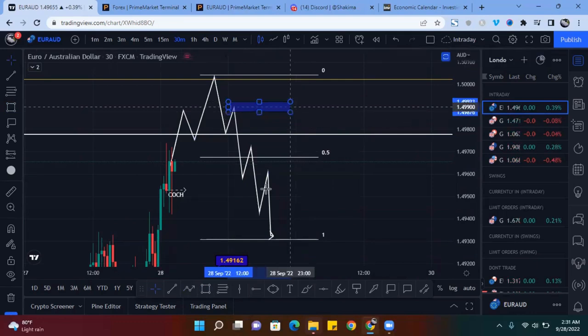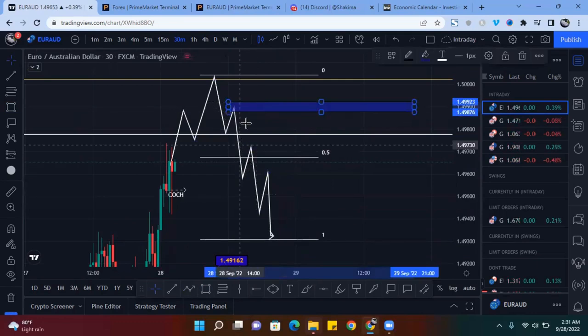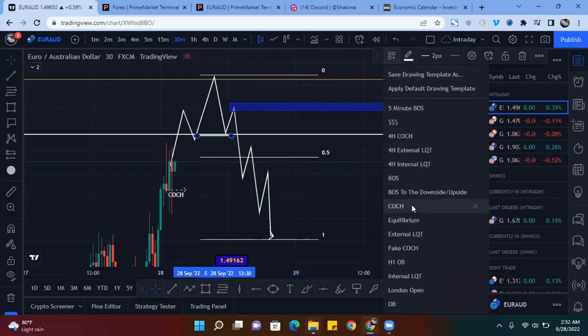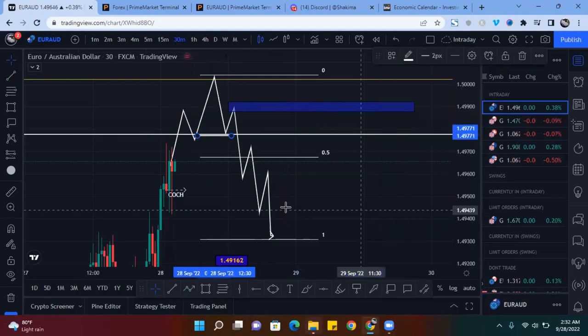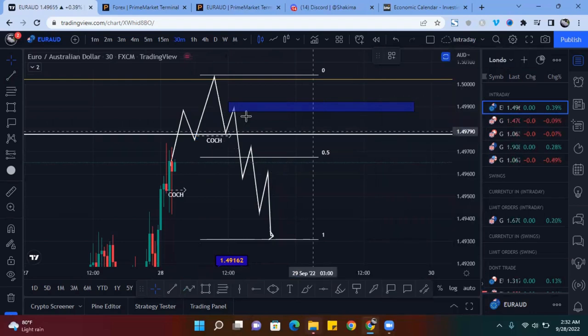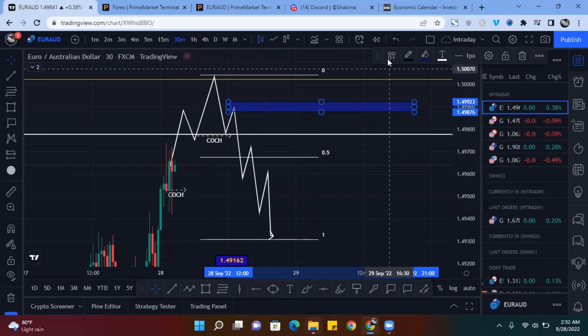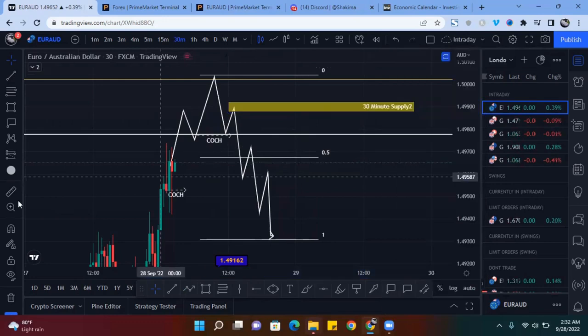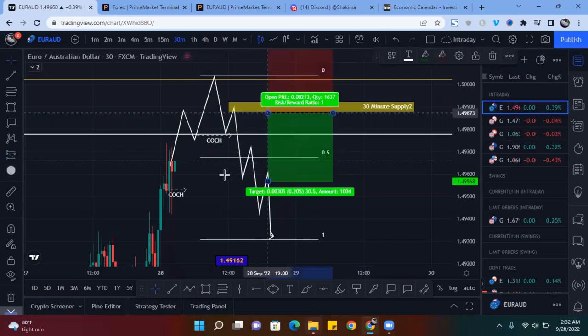That means it's going to take all external liquidity, right? All external liquidity up to that lower high. Change of character right there, and then now that's your 30-minute supply and/or order block, boom, and then that's it.